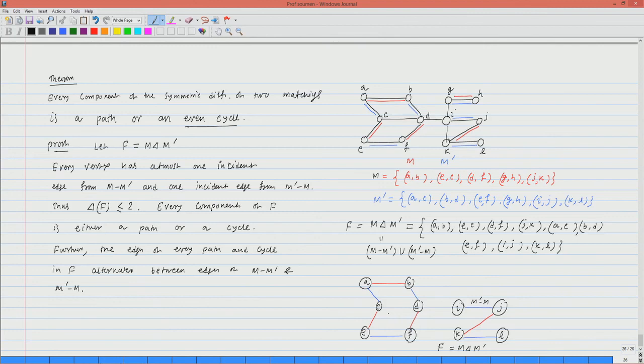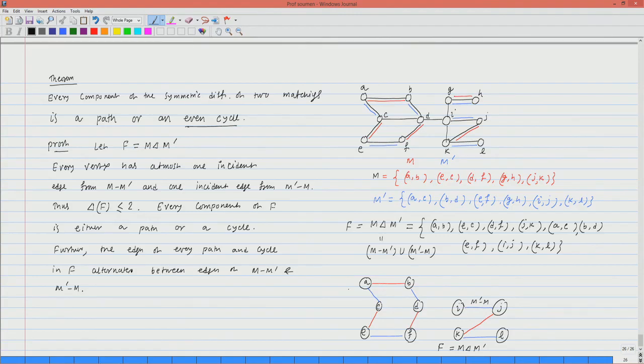So, you can see that in a path. If there is a path, that path is an alternating path. One edge will be a blue edge, the next one will be red, again blue, red, like that. The cycle is also an alternating cycle. It can't happen that you have two blue edges together, because then this is not a matching.